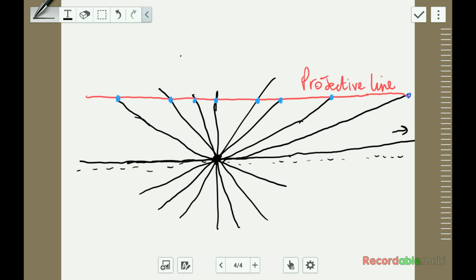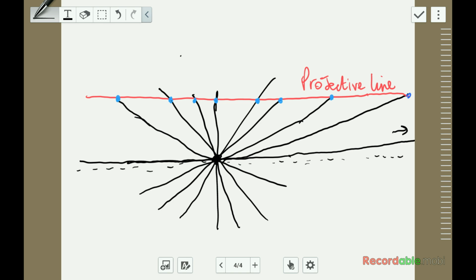Well, according to Euclidean geometry, we'd say that that line never intersects with the projective line, but it's far more beneficial for our theory to say, well, let's think of this horizontal line here as intersecting with the projective line at infinity.